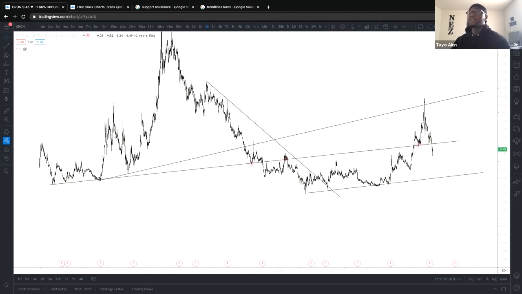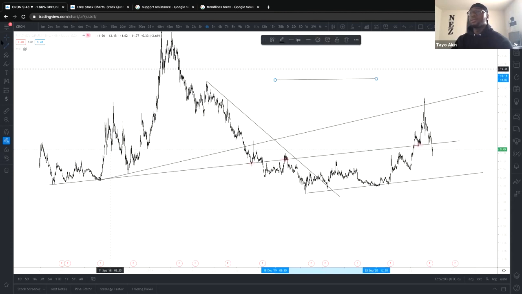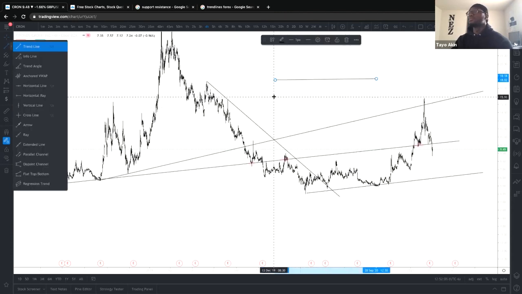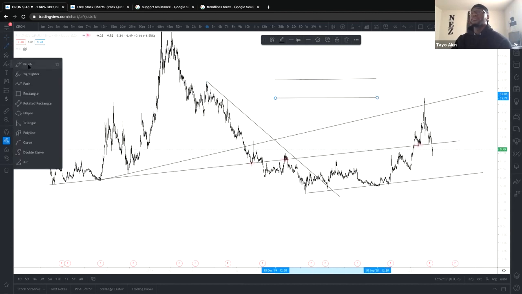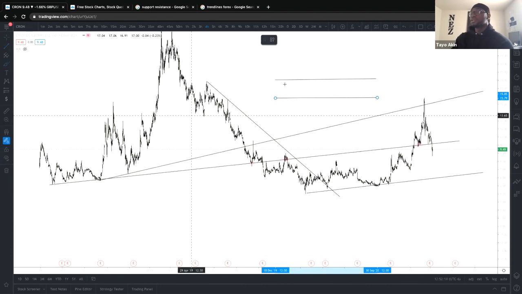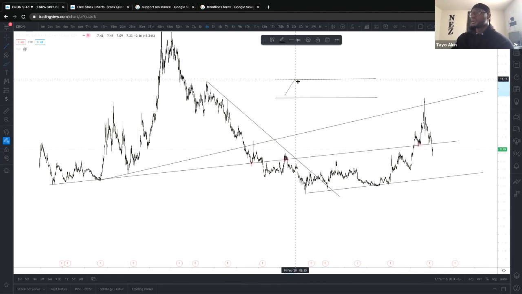So basically what I'm saying is, if you see this, you can see this can be a resistance. Support, resistance, support, and then now this is your new resistance.